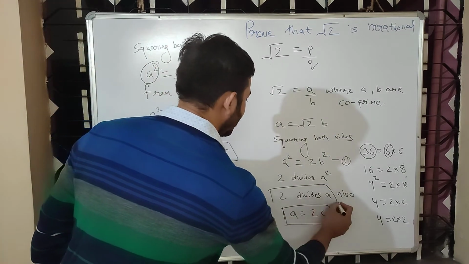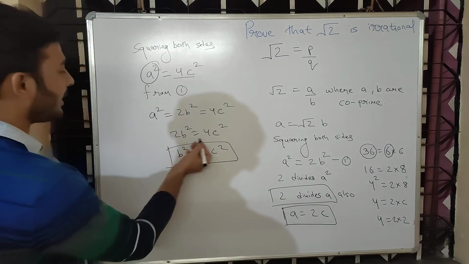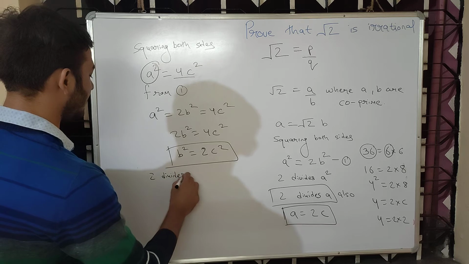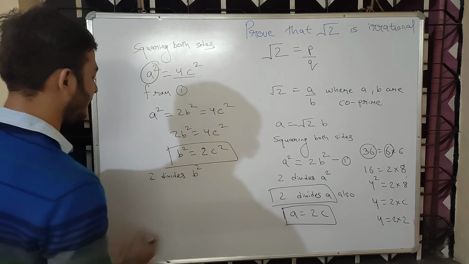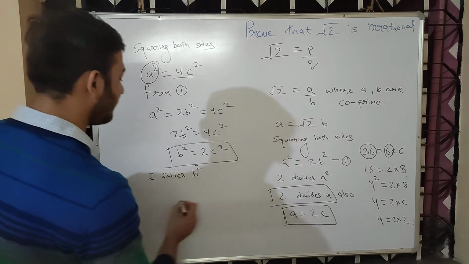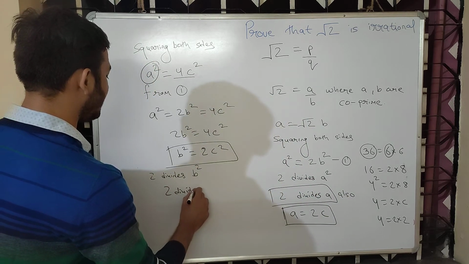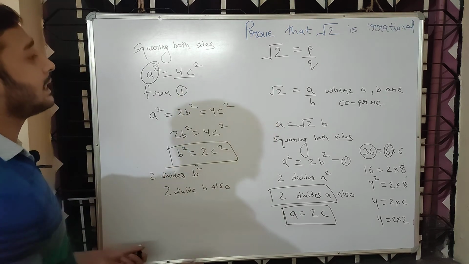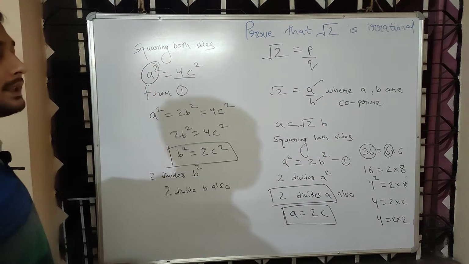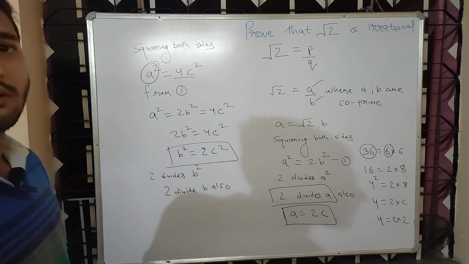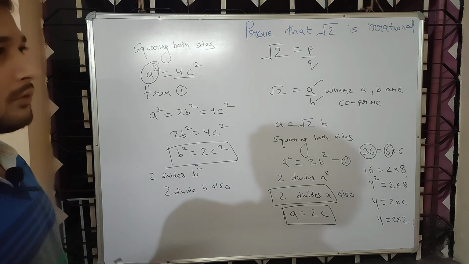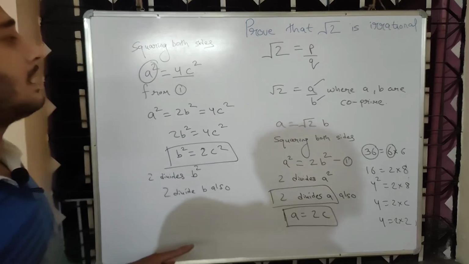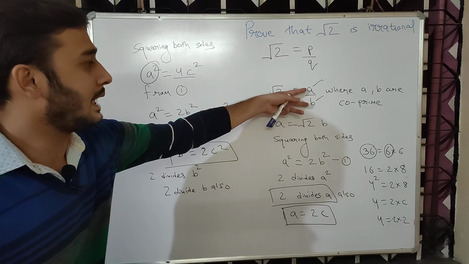2 divides a, and here also b square equals 2 c square, which means 2 divides b square. 2 divides b square, so by the same concept, 2 will divide b also. So 2 divides a, 2 divides b, which means how can a and b be prime? Prime means a number that has no divisors other than itself and 1, like 3, which nobody else can divide. Similarly, if a and b are prime, there should be no other number which can divide both a and b.